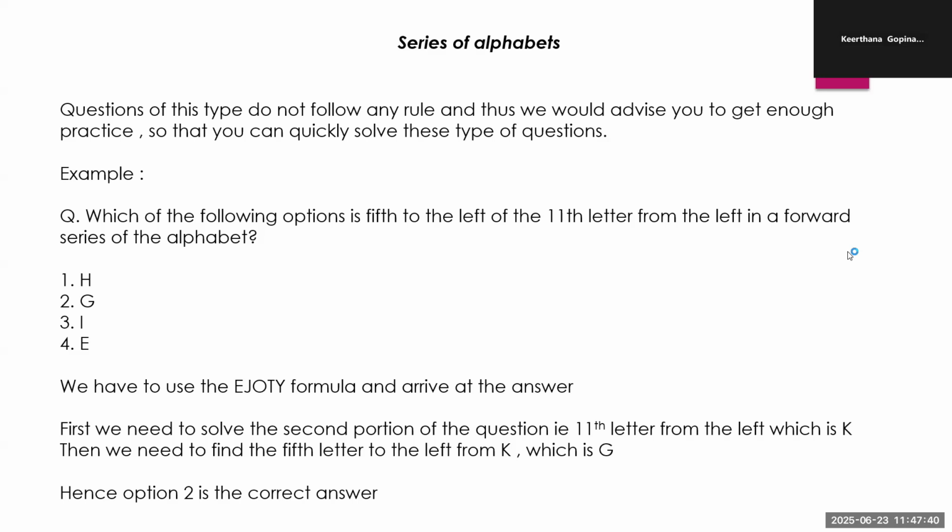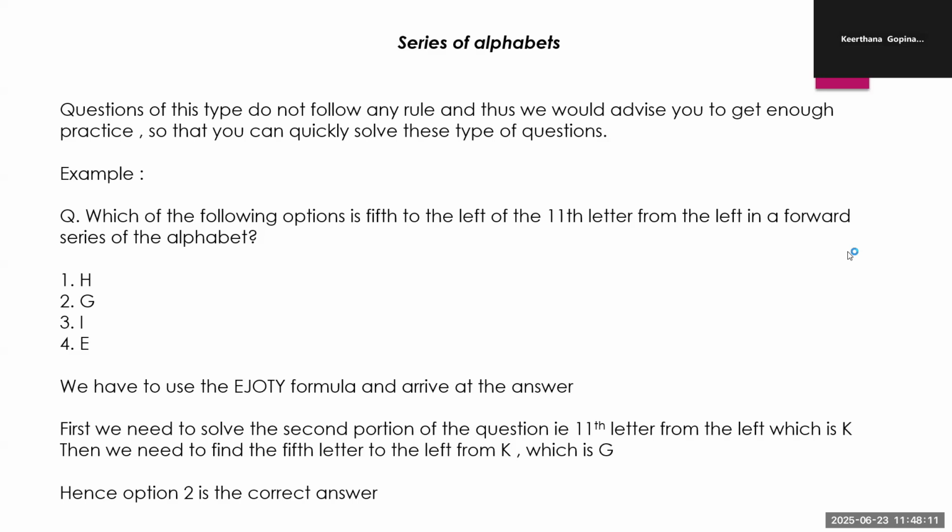Now, fifth to the left, which will be what? G. Sir, can you explain again? The 11th letter we have determined is K. Okay, the 11th letter we have found out is K, right?